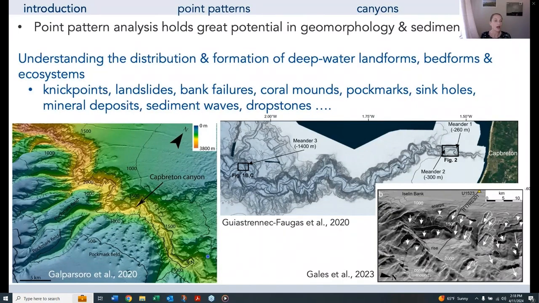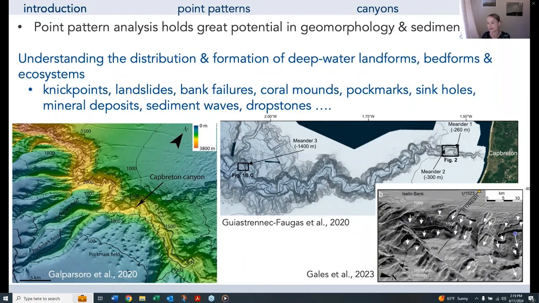So I would say that point pattern analysis actually holds great potential in terrestrial, but definitely also in marine geomorphology and sedimentology. And we can use this to understand the distribution and the formation of deepwater landforms, platforms, and also ecosystems. Examples would be prop marks, or midpoints along canyon systems.